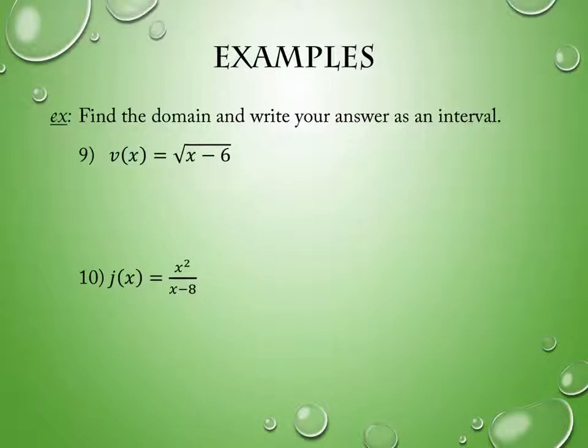What do you know about square roots with real numbers? We've done complex numbers too, but what do you know about square roots with real numbers? What can you not have? Negatives underneath radicals, right? When we had negatives underneath radicals, we were getting imaginary units out of it, right? We're working in the real number system, so we don't have negatives underneath the radical, which means the part that's under the radical has to be what?